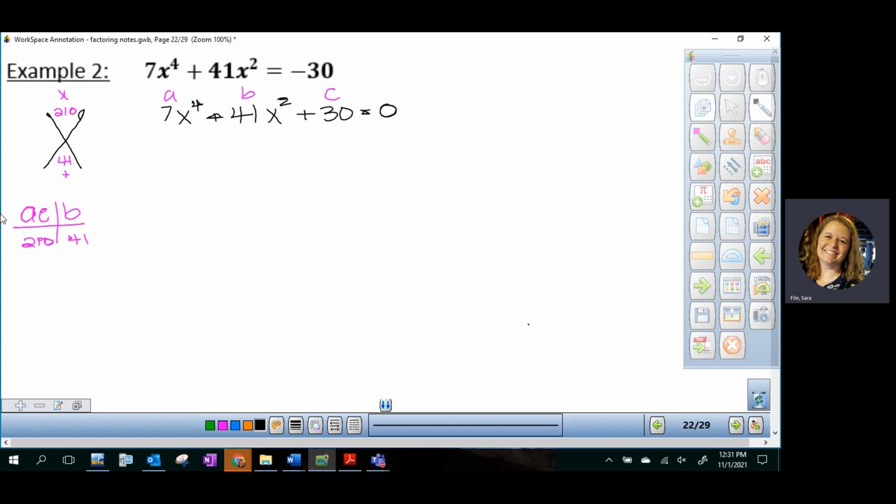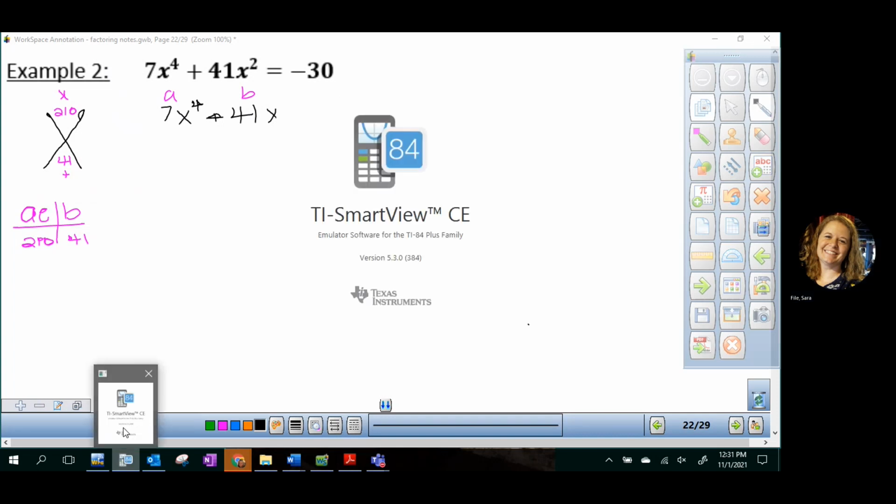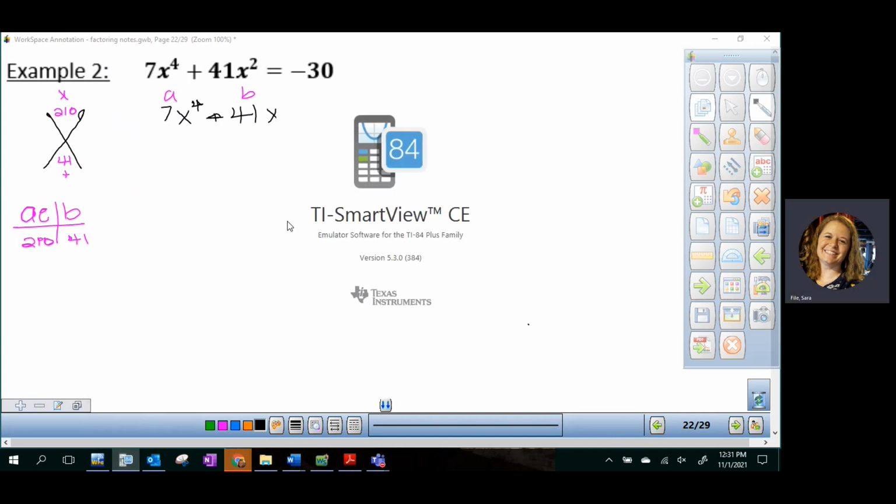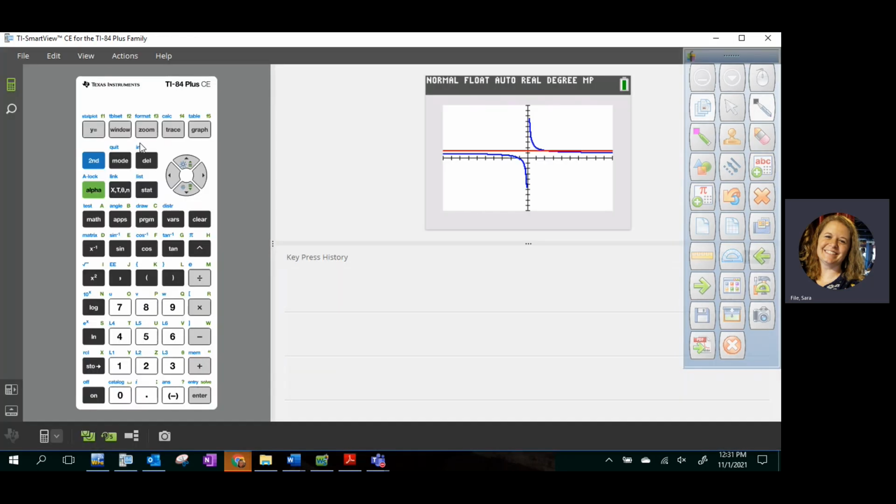A trick, let me unfreeze the screen so y'all can see this. If you are unsure of factors, in a graphing calculator there's a little trick or shortcut for checking what the factors of a number are.